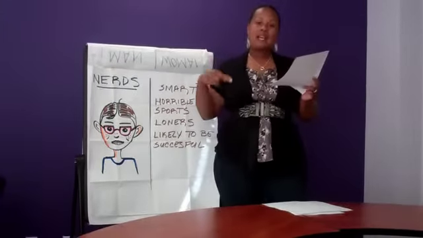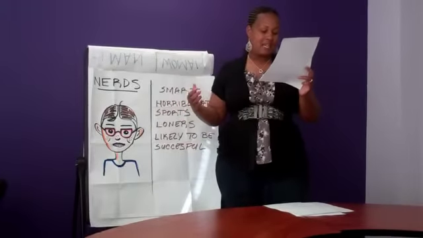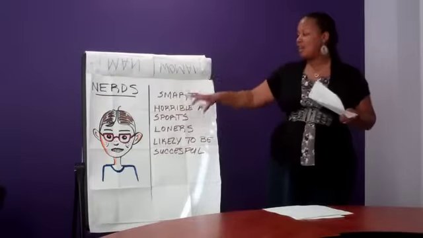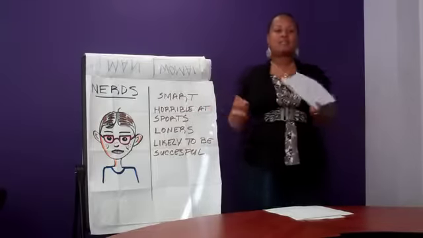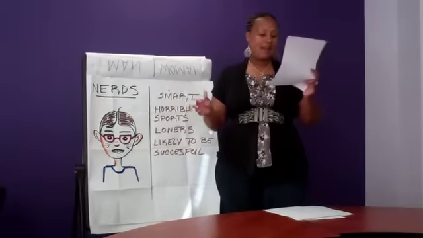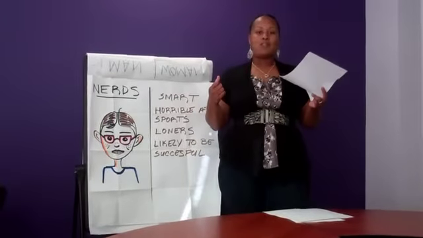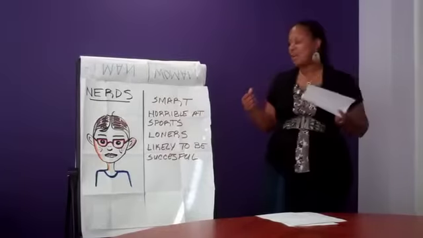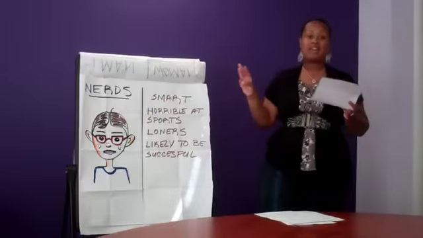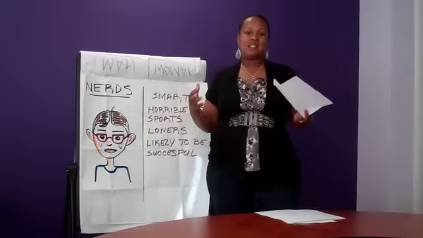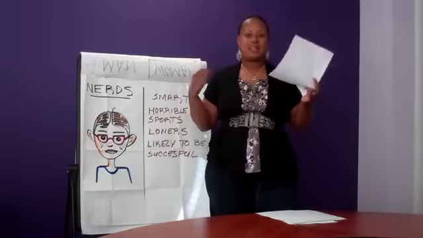So the emo and skater groups are going to do the same thing, and then once everyone's done with their drawing and their descriptions, you're going to bring them together and allow them to have a really healthy conversation about all of the different stereotypes that they came up with for three different categories of groups. And then they can discuss whether or not they think some of those are true, false, and then why.